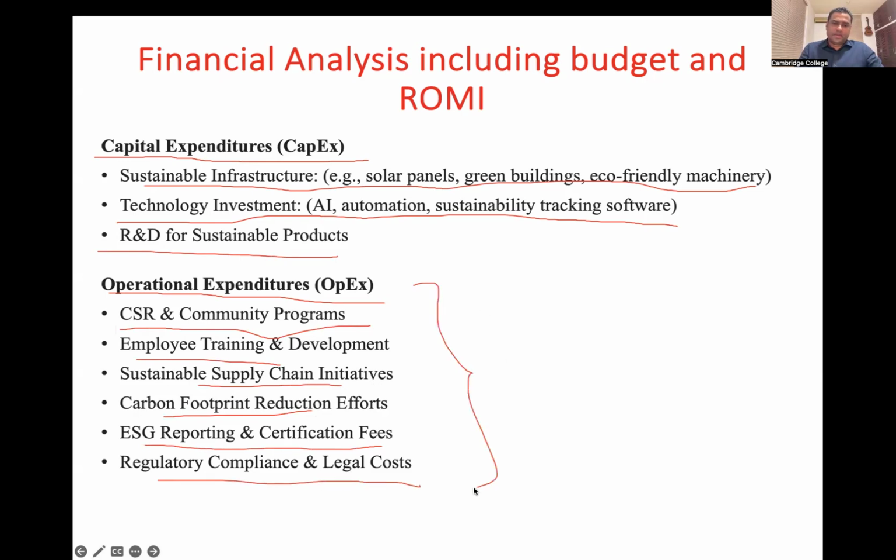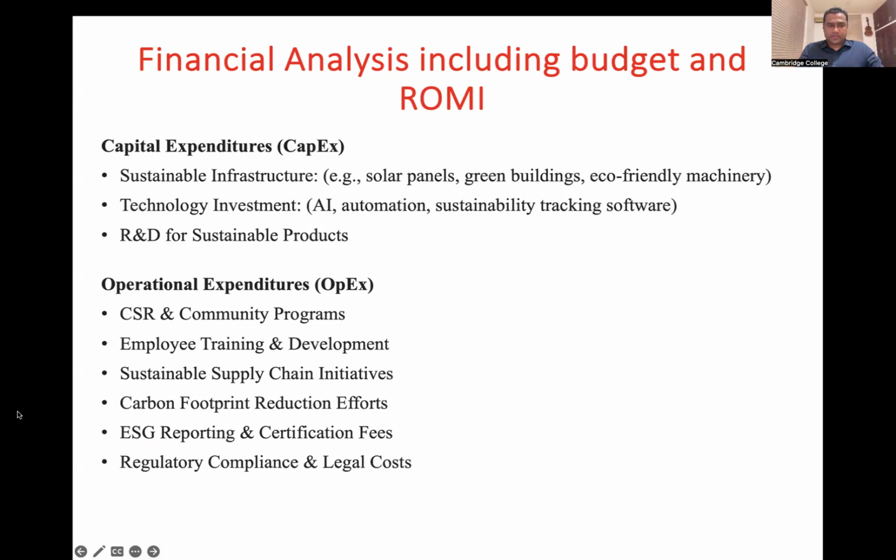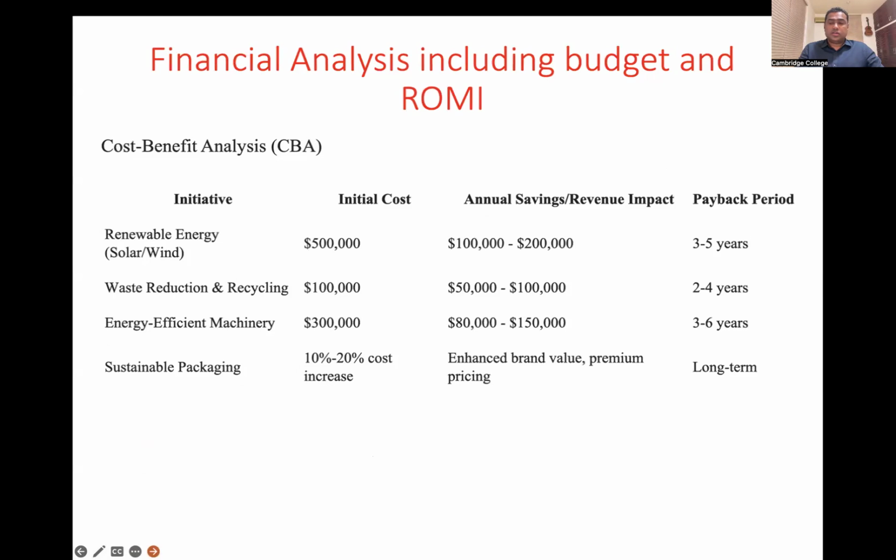So these are all OpEx expenses. And these are the bigger capital expenses that you need to use your shareholders' capital. That is why it is important that you make the right kind of decisions in investing and thinking about the return on marketing investment.